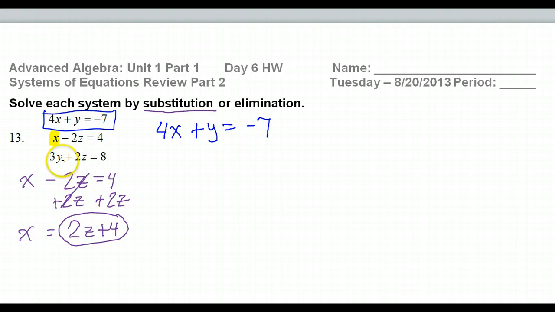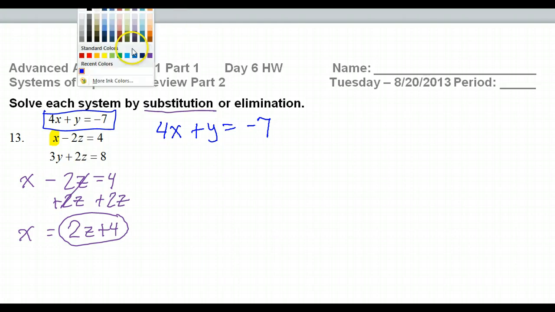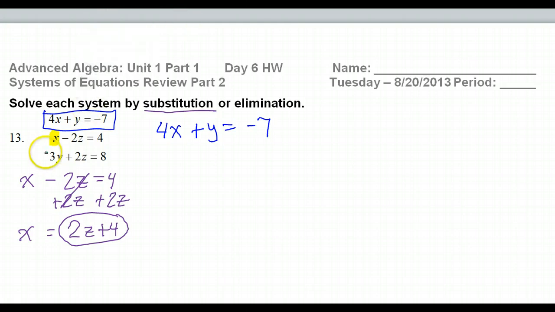But the other equation doesn't actually have an x in it. So I can't do that. I am going to write it down just in case I need it later. Okay, so I'm just going to put a box around this. So I've got 3y plus 2z is equal to 8.